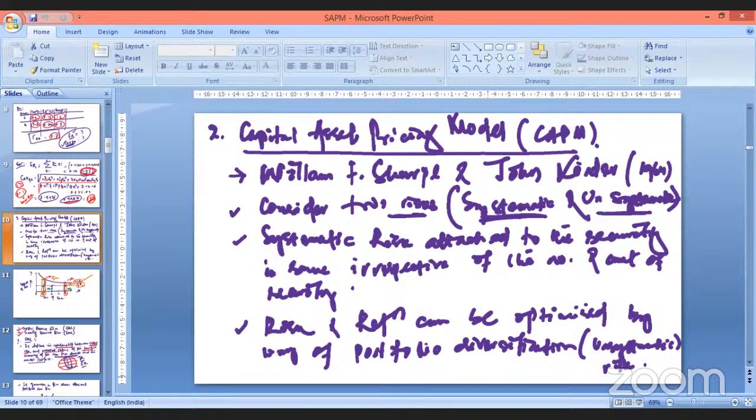Third point: systematic risk attached to the security is the same irrespective of the number of securities or the amount of the security. Irrespective of the number or irrespective of the amount of the security. Just a minute.